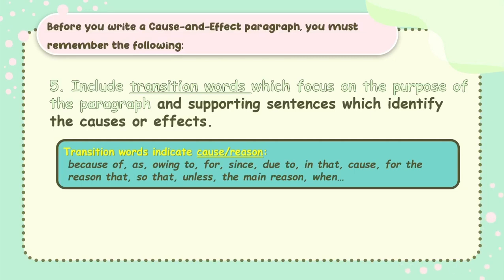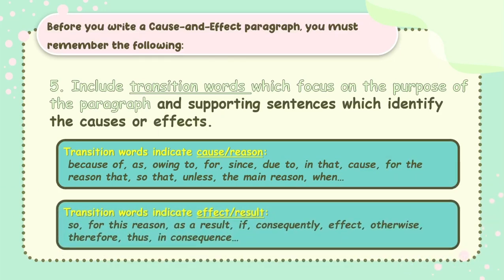When we are indicating the cause or reason, we use because of, as, owing to, for, since, due to, in that, cause, for the reason that, so that, unless, the main reason, when, and a lot more.